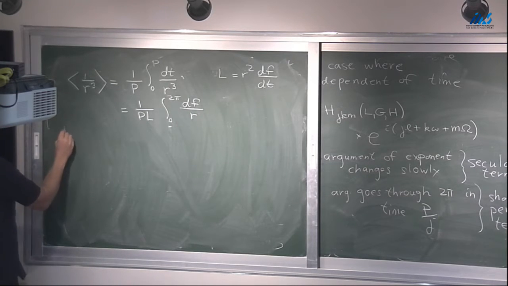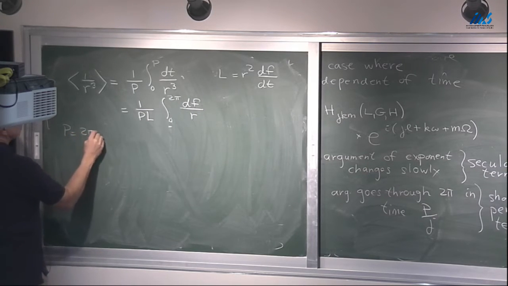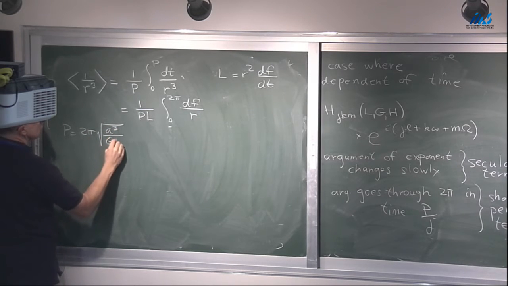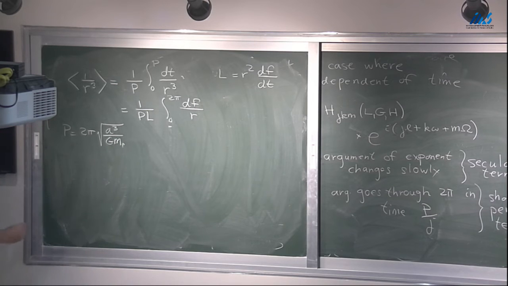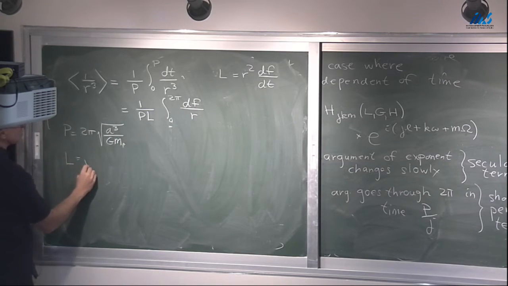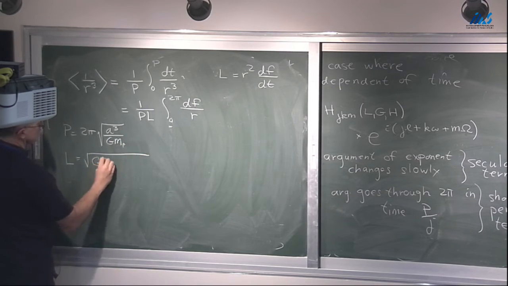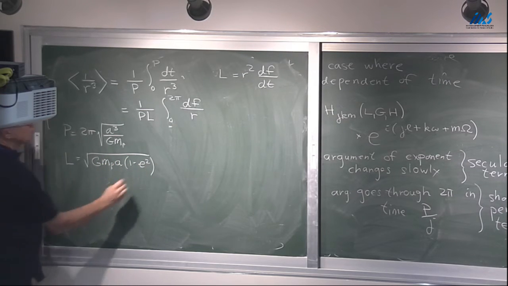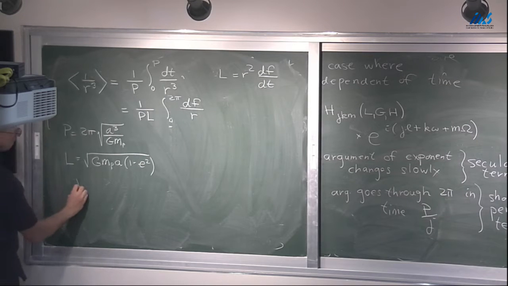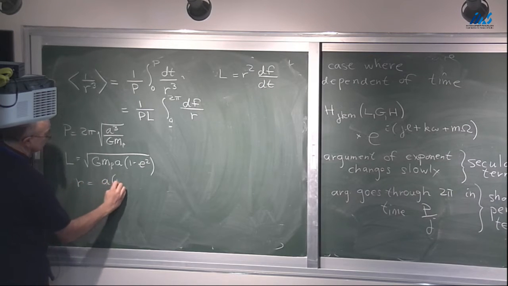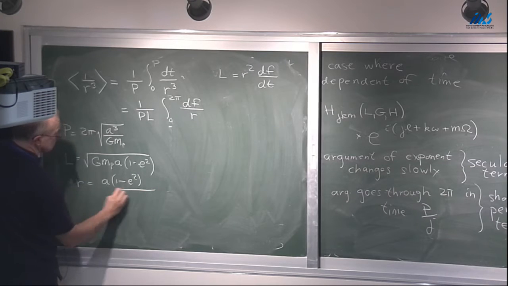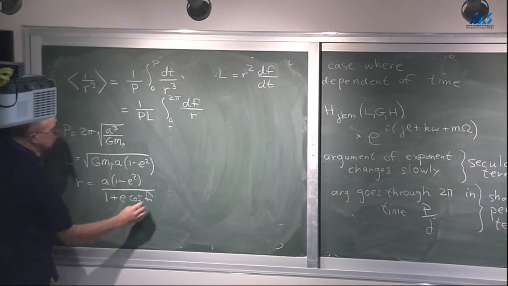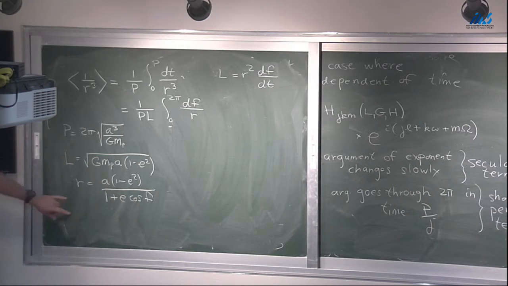The period is 2 pi times the square root of the cube of the semi-major axis over G times the mass of the planet. The angular momentum is the square root of G times the mass of the planet times the semi-major axis times 1 minus e squared, and the radius is the usual expression for a Kepler orbit, a times 1 minus e squared over 1 plus e cosine of the true anomaly.